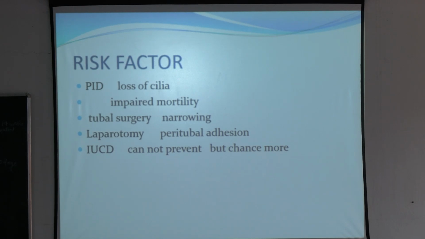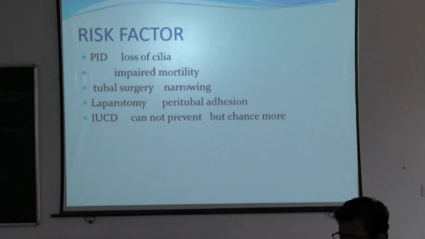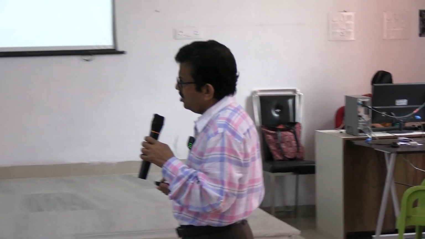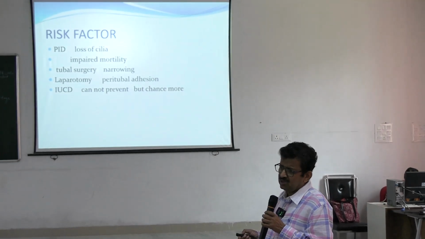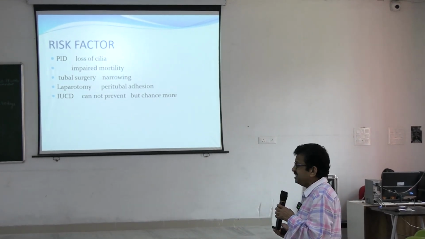Now, why does the ectopic pregnancy occur? Definitely because it is implanted in the tubes, there is a fault in the transport of the fertilized ovum from the fallopian tube, from the ampulla to the uterine cavity. That may happen due to pelvic inflammatory disease, due to some organisms which usually cause bilateral damage of the tube and especially the ciliary function.